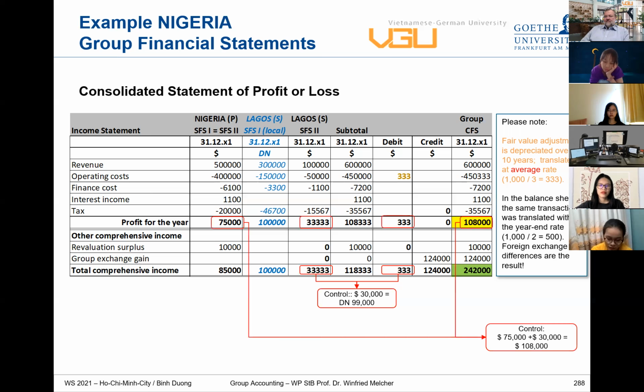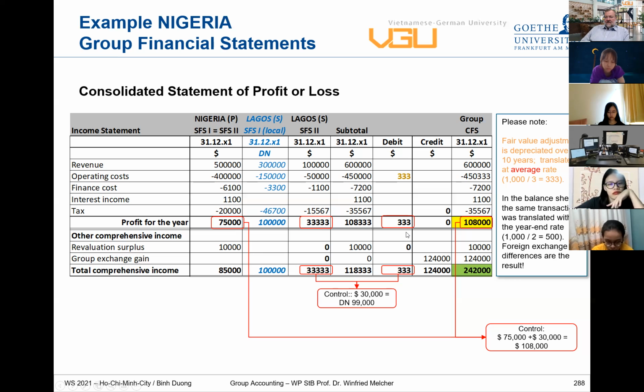Okay. And again, when we look at the profit for the year, it comes from the parent. They had 75,000, and the subsidiary, well, the acquisition of Lagos, well, ended up in a profit of 30,000.